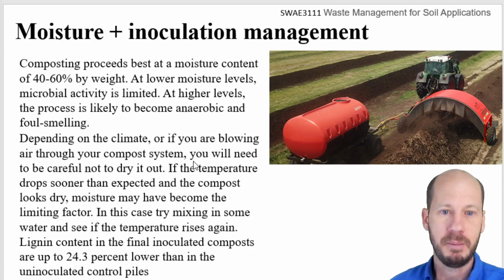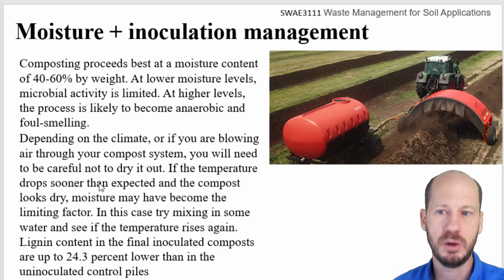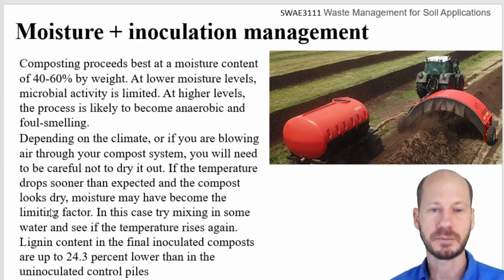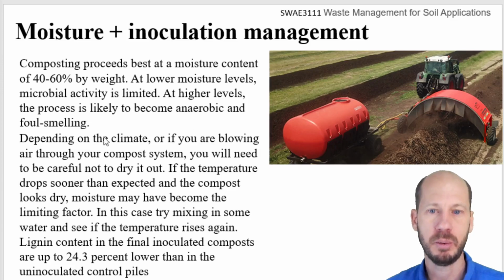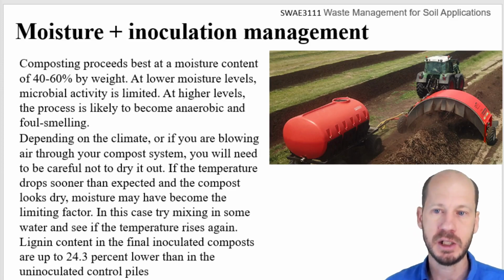Moisture management. The moisture management is normally not needed. For the majority of composts you do not need to irrigate. The moisture of the original green material will be enough for the composting process. Nevertheless, depending on the climate, or if you are using forced aeration, the compost might dry.